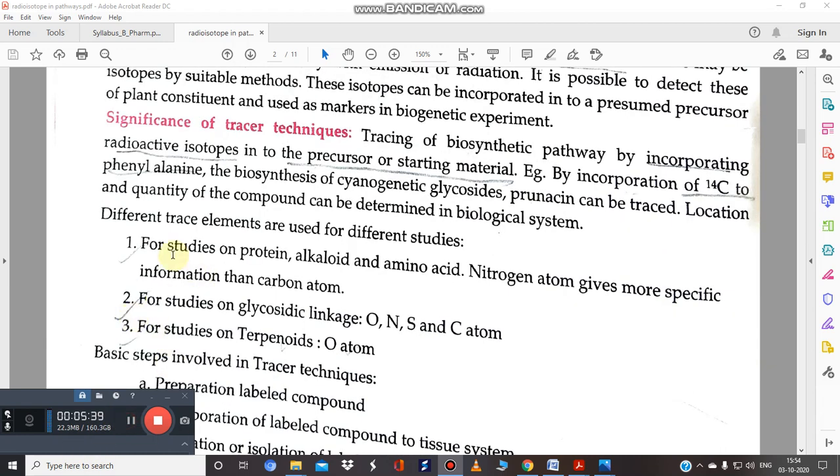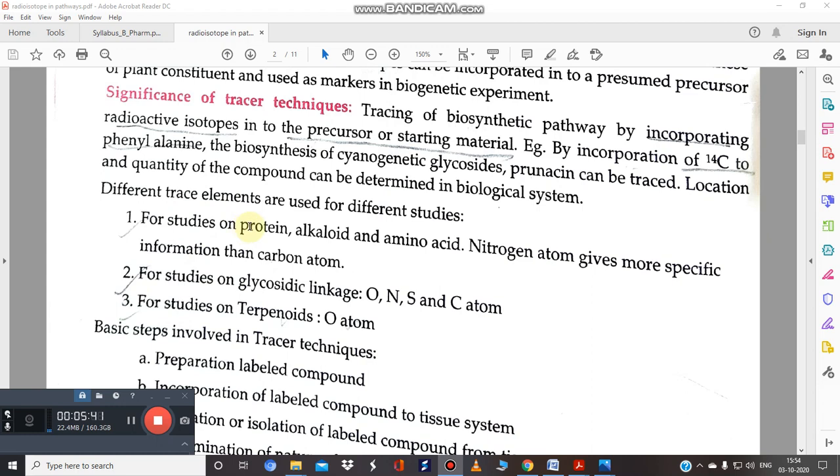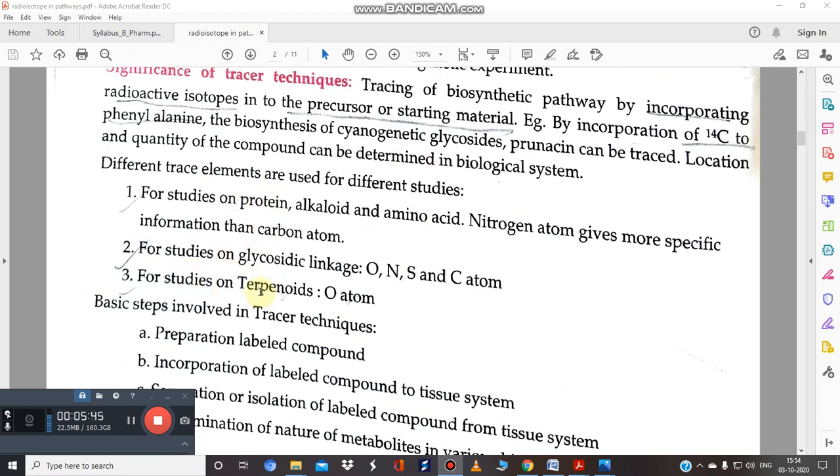And we have already seen that different trace elements are used for different studies. For example, if you have to study terpenoids, which type of atom will you use? Oxygen, and you will use a radioisotope of that. If you have to study alkaloids, you will use nitrogen. If you have to study glycosides, you will use carbon, then nitrogen and oxygen, then sulfur.